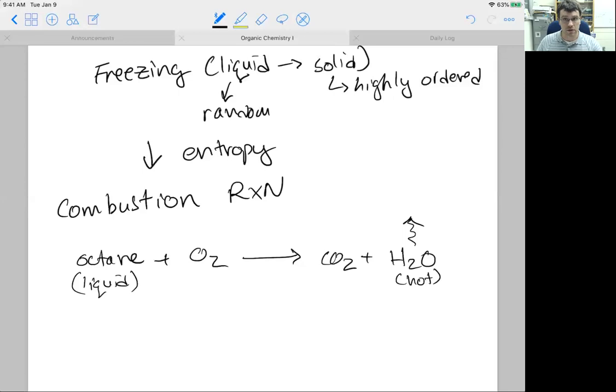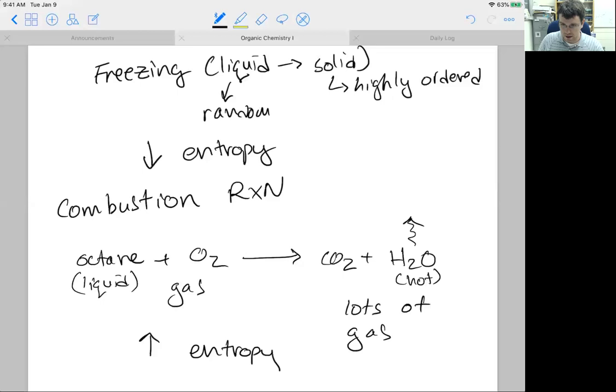That water is hot, so it's going to float away as gas. We're going to go from a liquid plus some gas to a lot more gas. Combustion is going to lead to an increase in entropy. Okay. So we can think about, based on the physical states of matter, whether we're going to have an increase or a decrease in entropy.